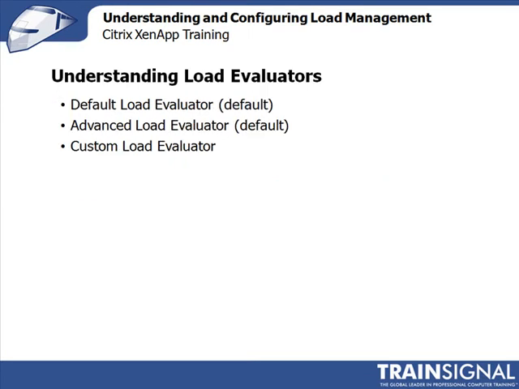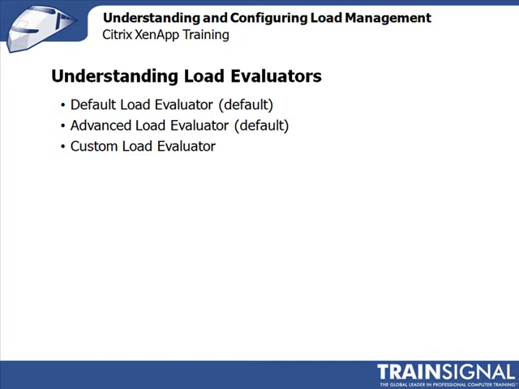So let's start off with understanding load evaluators. There are two types of load evaluators that come out of the box. You're going to have the default load evaluator and the advanced load evaluator. Those are very basic load evaluators by nature. The default load evaluator is going to determine the load on the server by the number of users that are connecting to that server. So it's going to load balance the servers by incoming user connections.